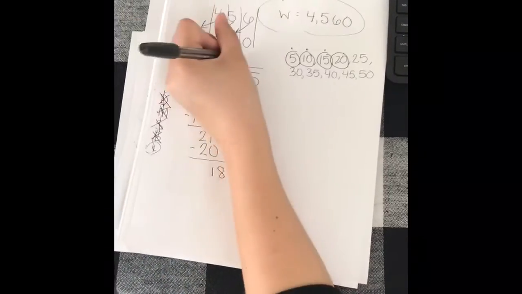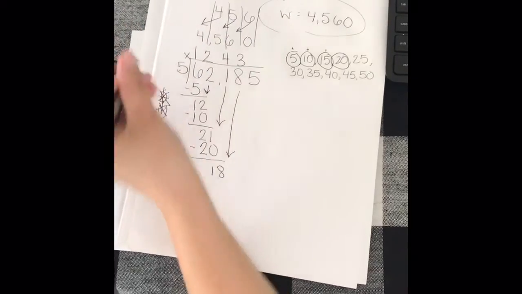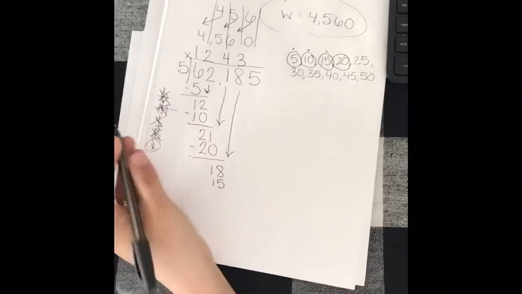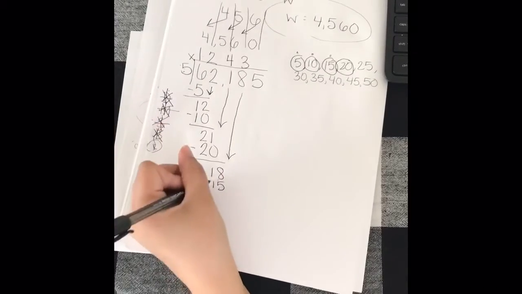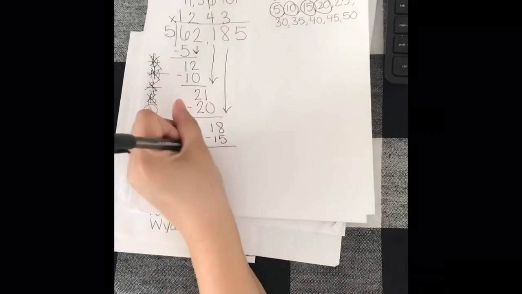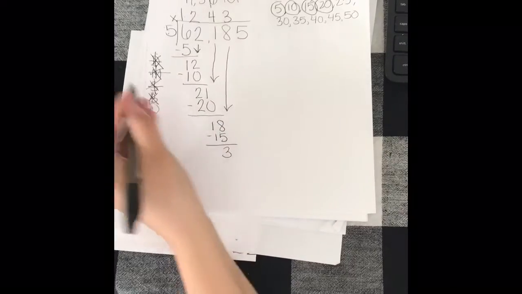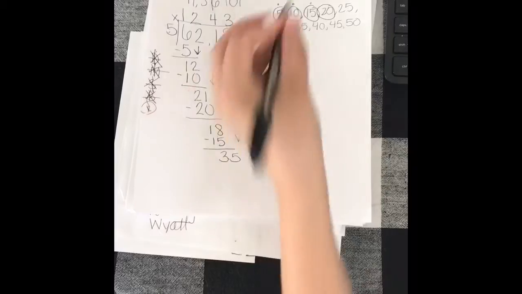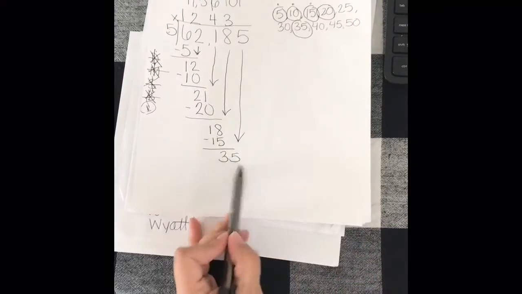5 into 18 is 3. 3 times 5 is 15. So I subtract. I'm left with 3, so I can bring down, and I'm left with 35.